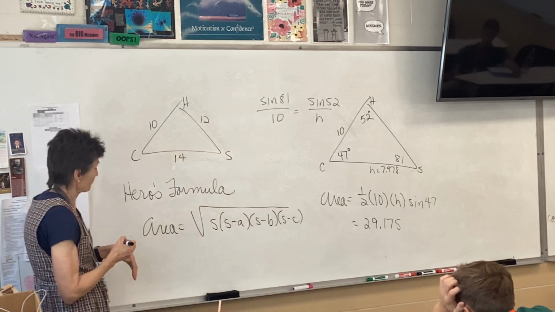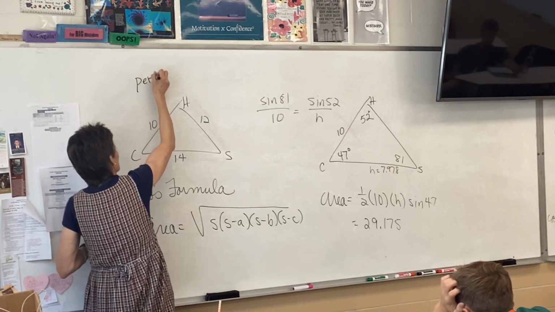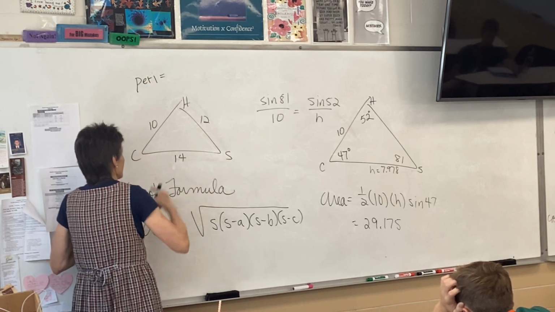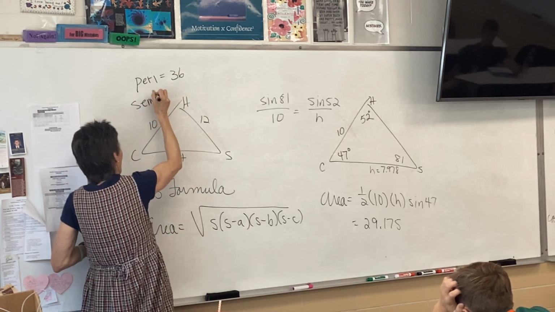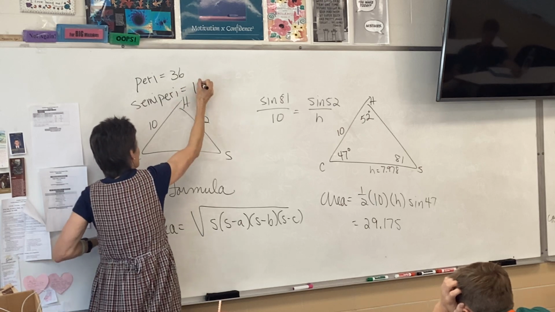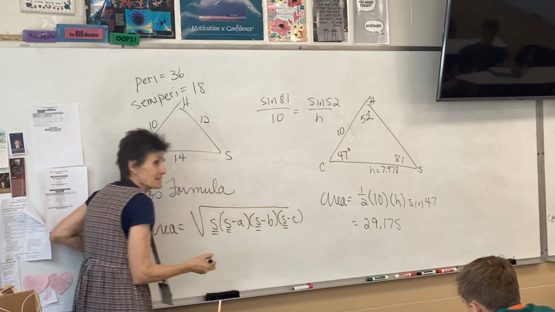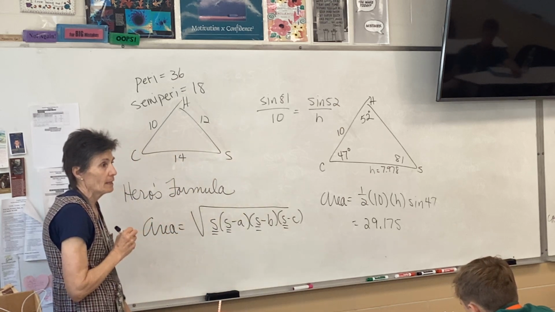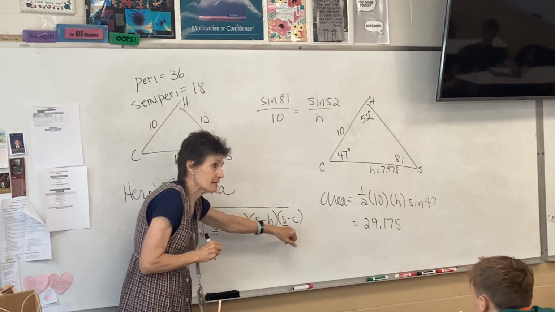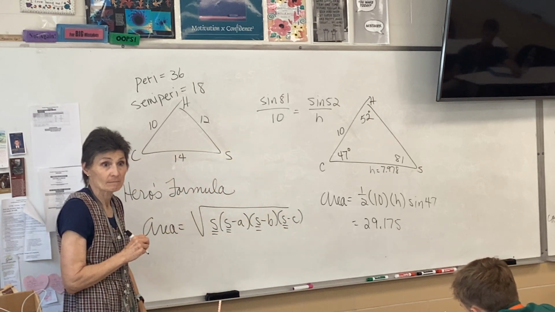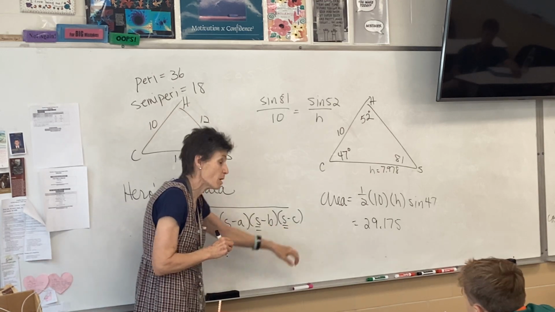Now, what is the perimeter of this triangle? 36. The semi-perimeter is 18. These S's stand for semi-perimeter, half the perimeter. The A, B, and C are the side lengths. I know for me they're C, H, and S, but these are the side lengths of the triangle.